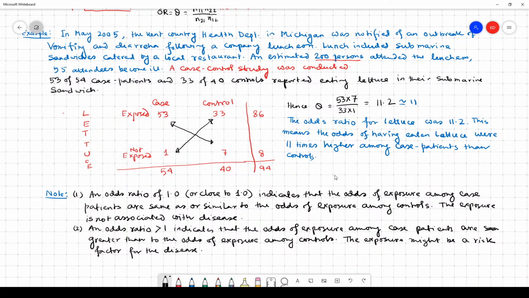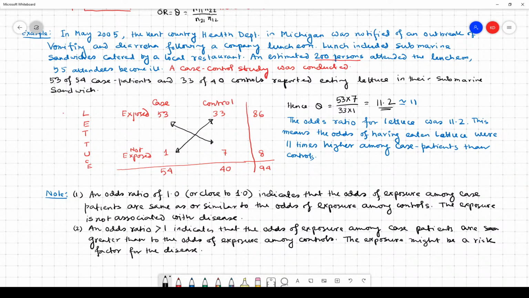Here theta is 11.2 for this example and it is greater than 1, so we can say that lettuce is a risk factor for disease.